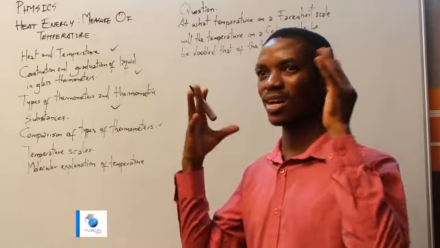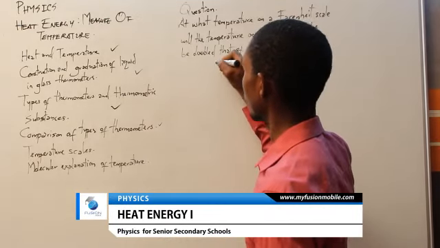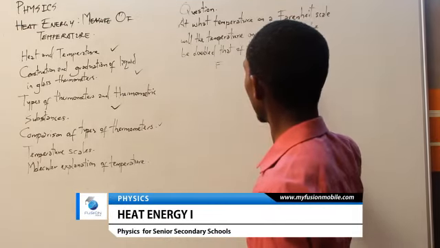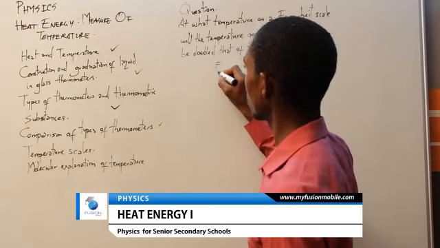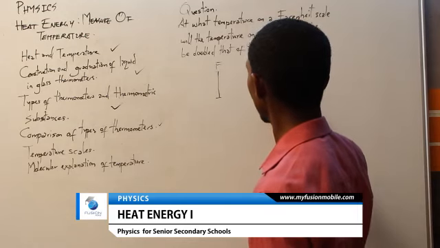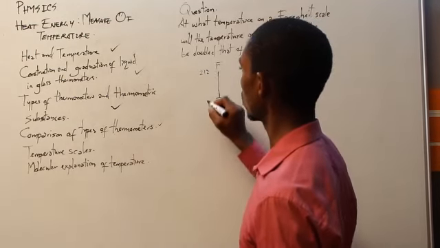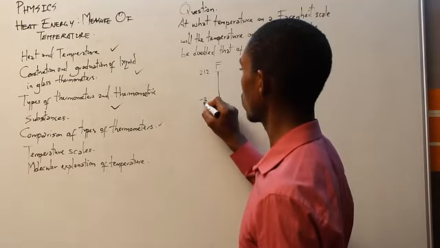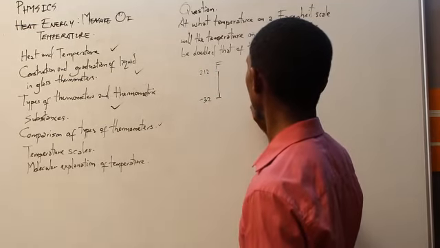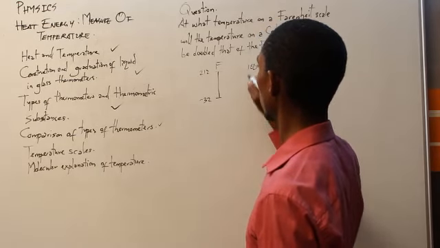Sometimes thinking of these things in our head can be quite confusing, so let's draw it out. I have the Fahrenheit scale and I have my Celsius scale. On my Fahrenheit scale, my boiling point is 212 and my melting point is 32. On Celsius, my melting point is 0 and my boiling point is 100.